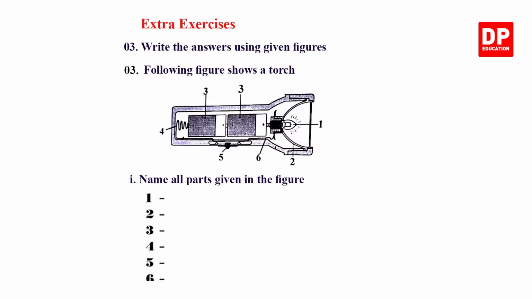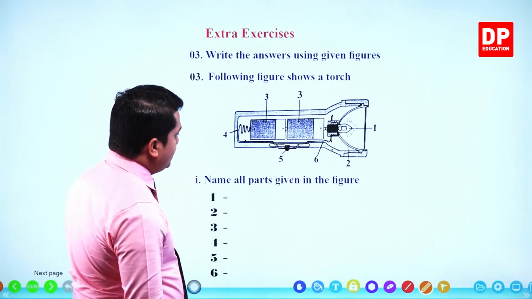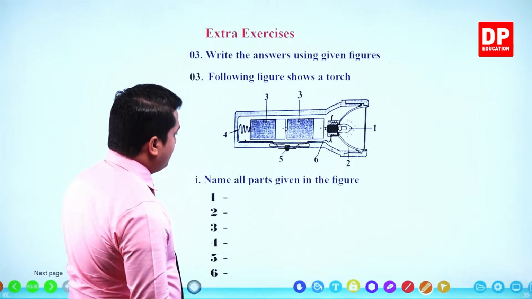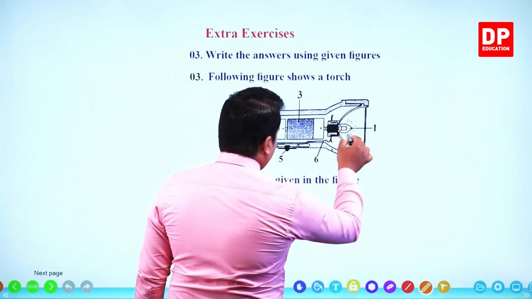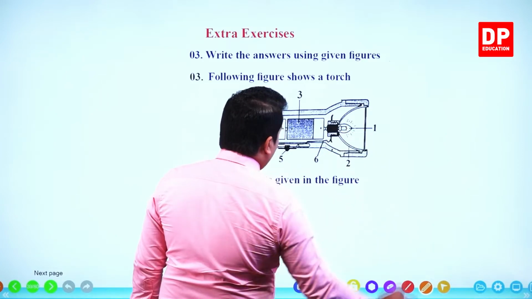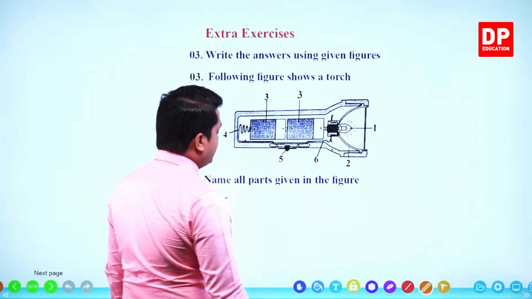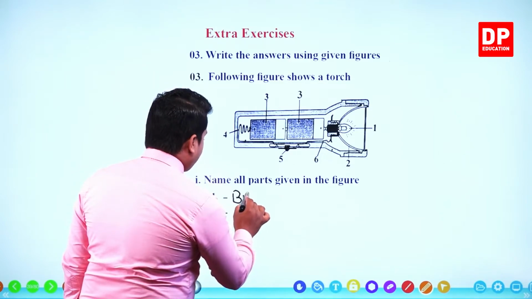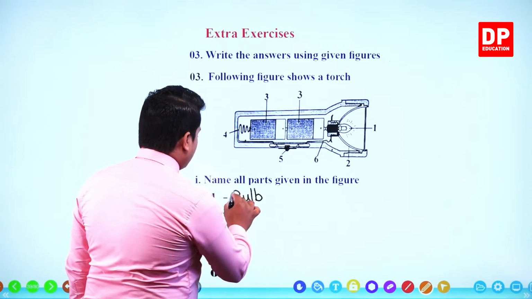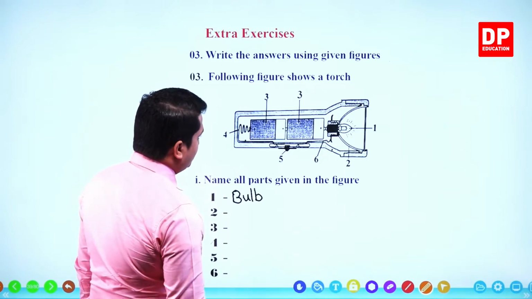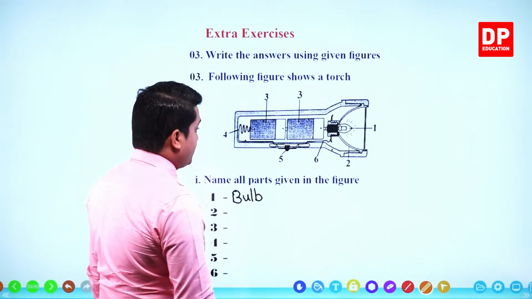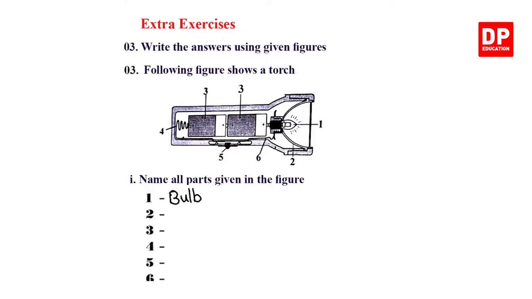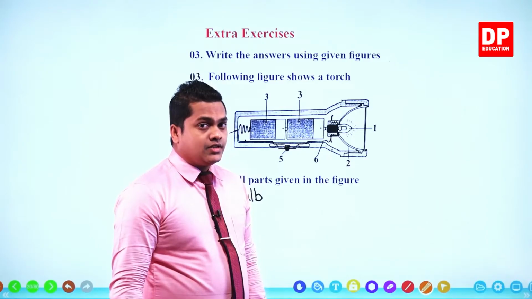Following figure shows a torch. Yes, now name all parts given in the figure. Number 1, so this is the most important part in the torch. That's the one which is going to emit light. It is the bulb, the torch bulb. Number 2, the second most important one, it helps to direct light as a parallel beam, right?